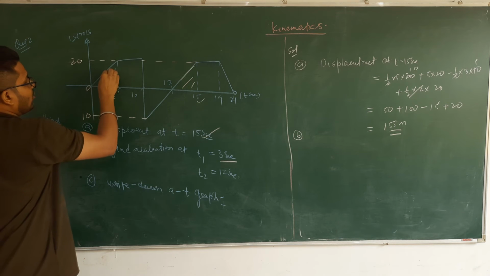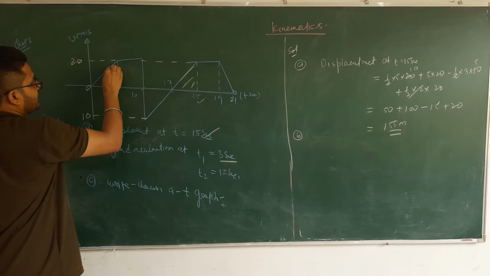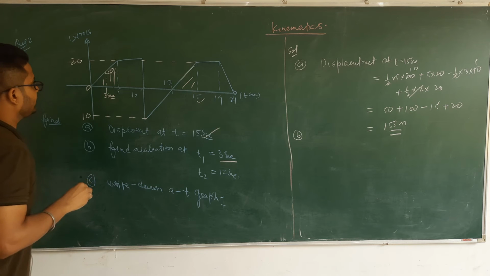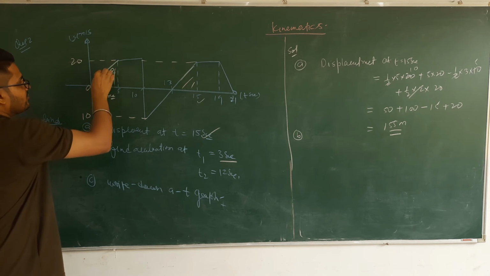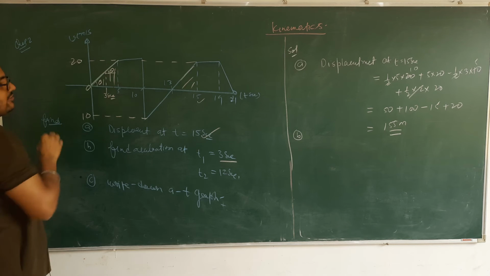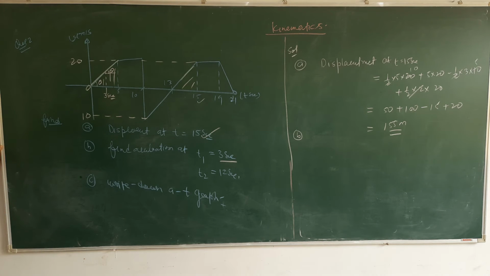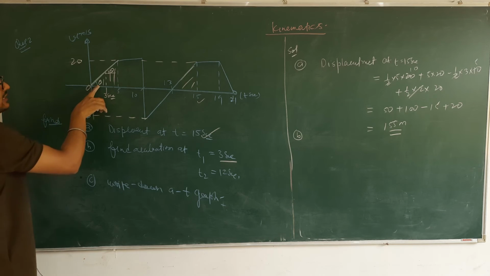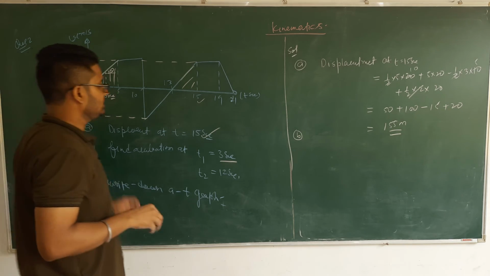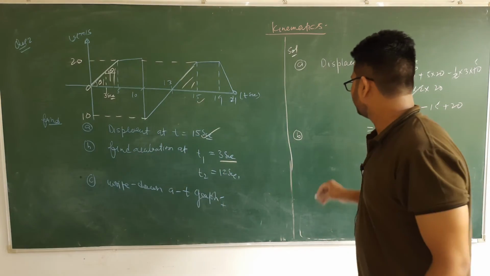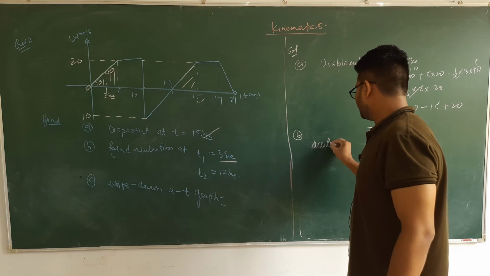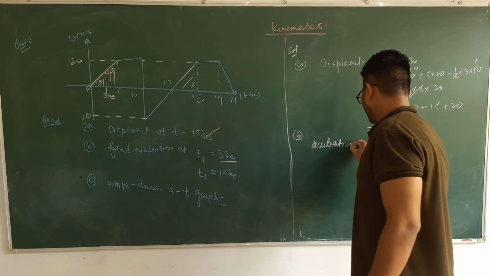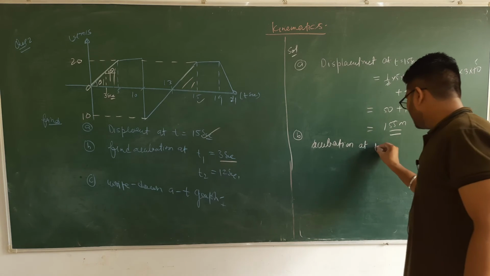The angle of this graph at 3 seconds will be the same, because the graph is constantly increasing. So what is the angle theta? Theta gives the acceleration at t1 equal to 3 seconds.